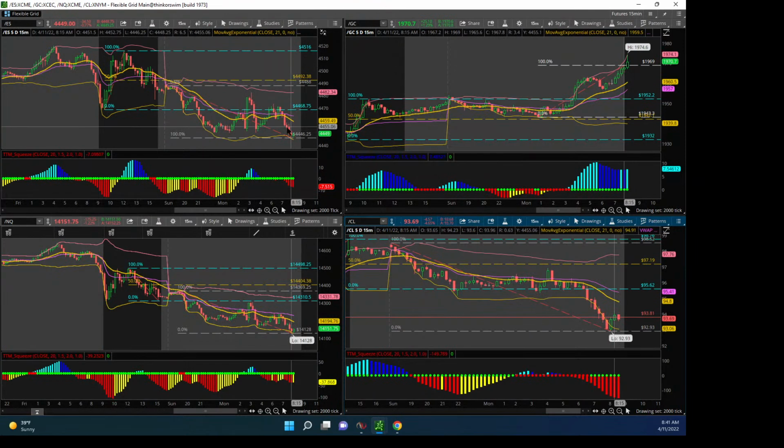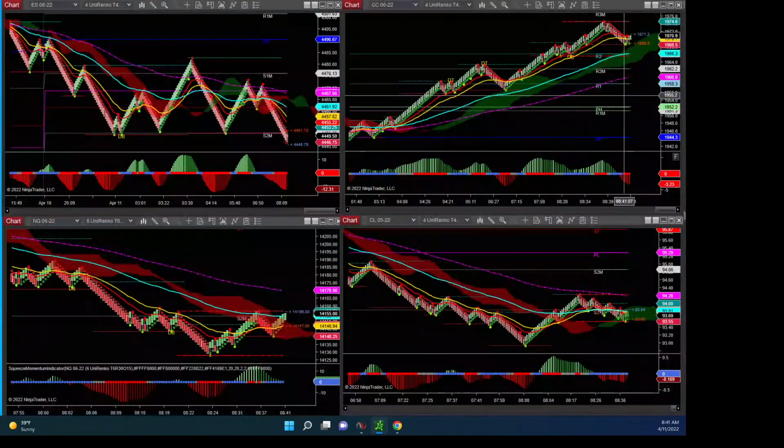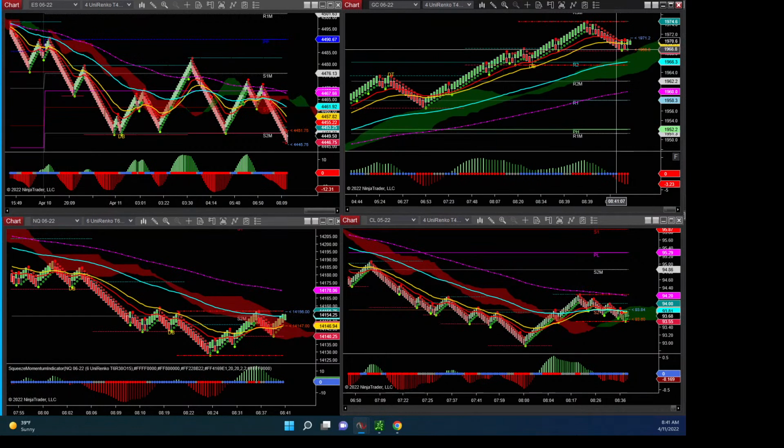Gold coming back down. Negative momentum. Resetting though. I like this.